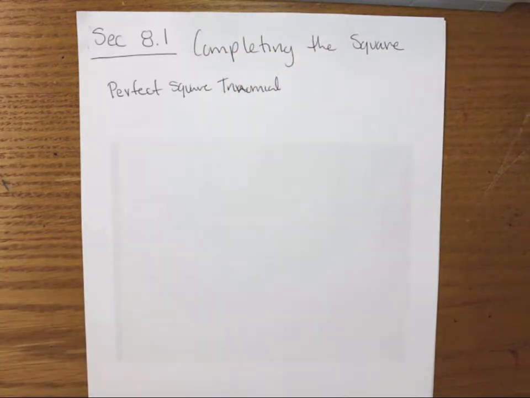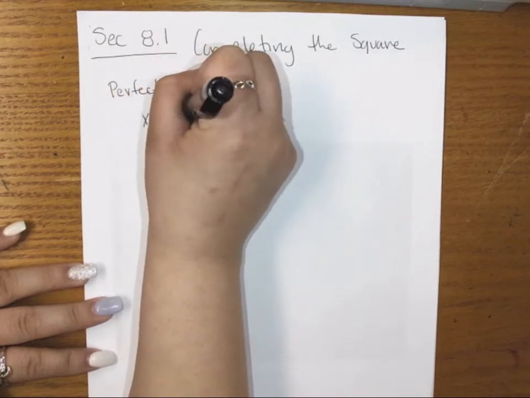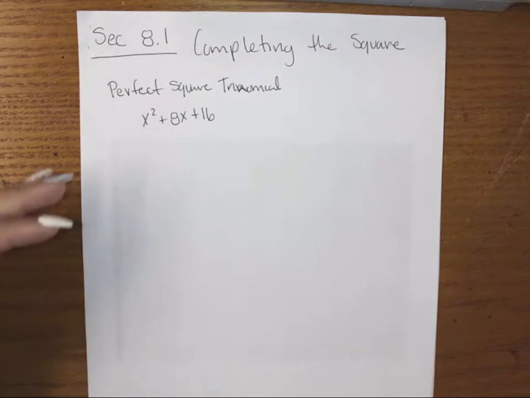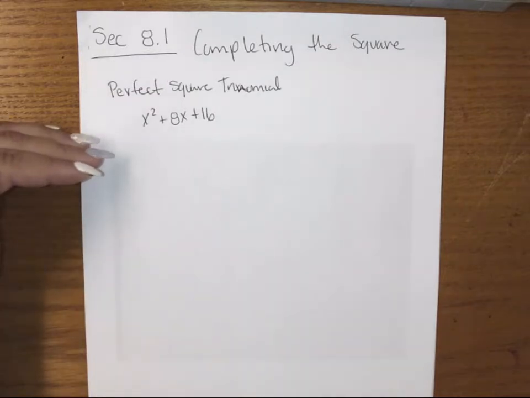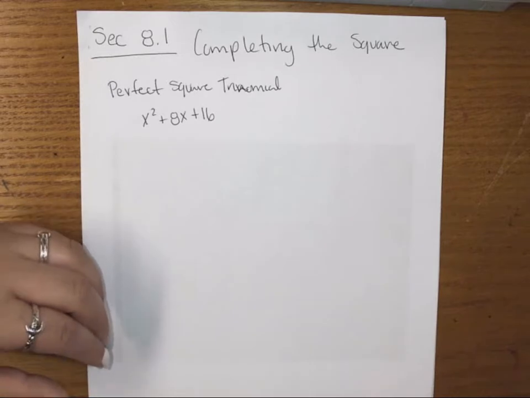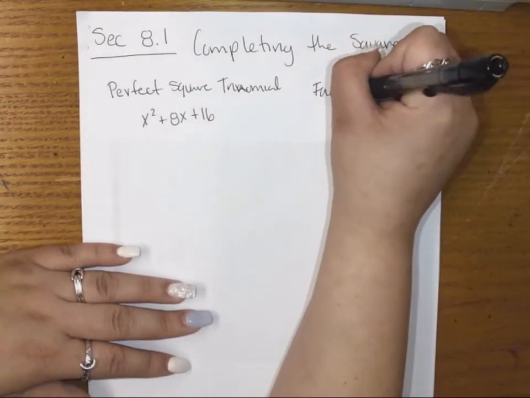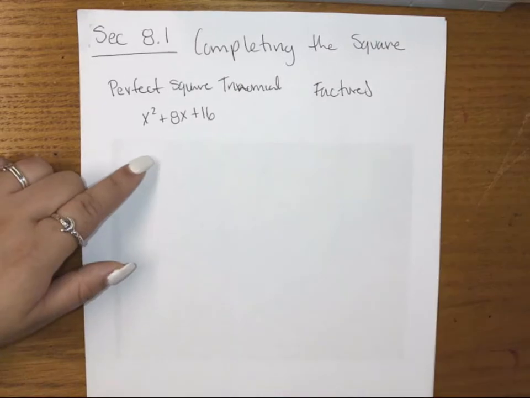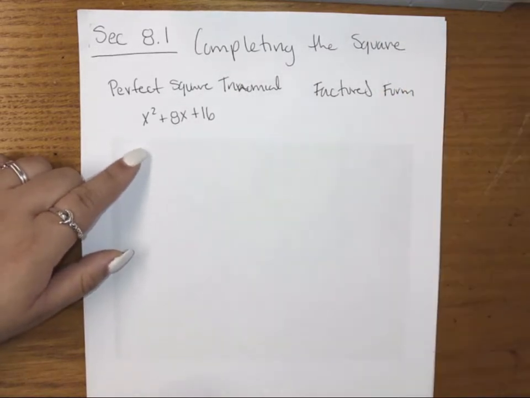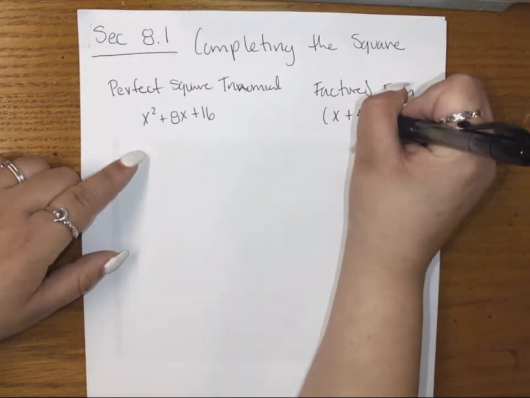A perfect square trinomial, one of the examples is x squared plus 8x plus 16. If we were to factor this trinomial, we will end up with two factors, two groups that are exactly the same. If we were to apply the AC method or any other method to factor this trinomial, you will end up with the same group of x plus 4.